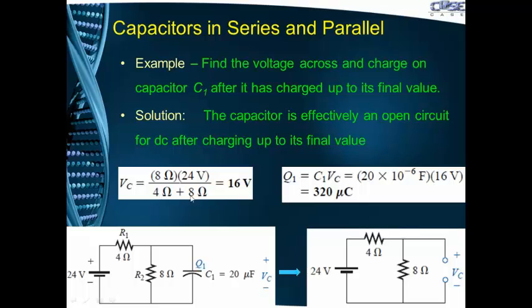So by computing these values, Vc is 16 volts across this capacitor. Once we know the voltage across the capacitance, we can use it to find the charge on the capacitance by using this equation. So it would be 320 microcoulomb.